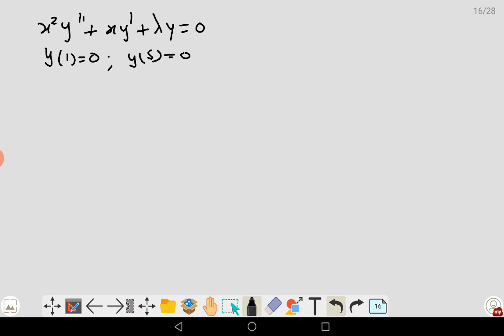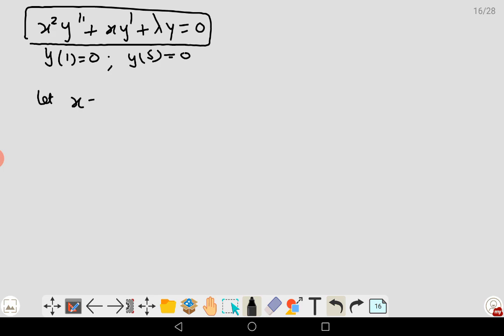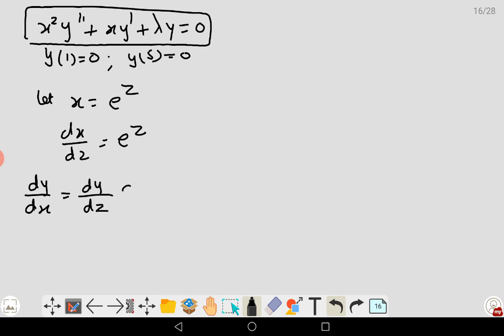Now we should be careful about converting this. This is a differential equation with variable coefficients, isn't it? We have to convert it to a constant coefficient case. Let x be e raised to z, a new variable we are introducing. So dx over dz will again be e raised to z. What is the formula for dy by dx? It is dy over dz times dz over dx.